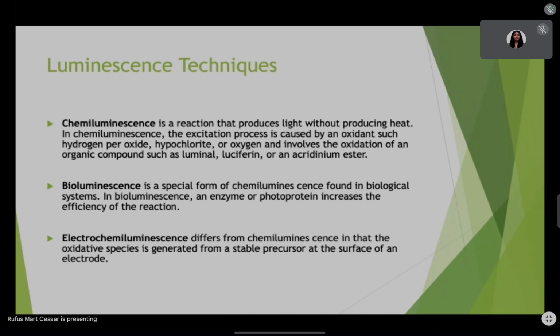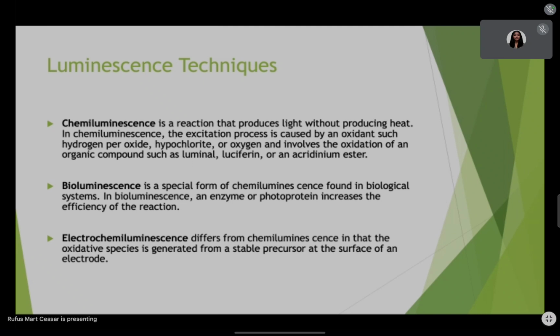So the reaction occurs in the presence of a catalyst. Meron tayong catalyst na ginagamit. Usually alkaline phosphatase, peroxidase, or horseradish peroxidase, microperoxidase, or other metal ions or metal complexes.